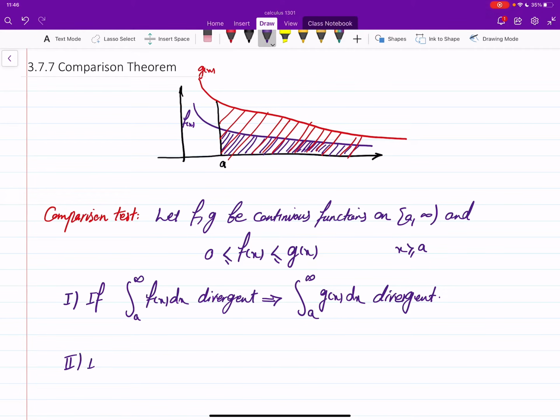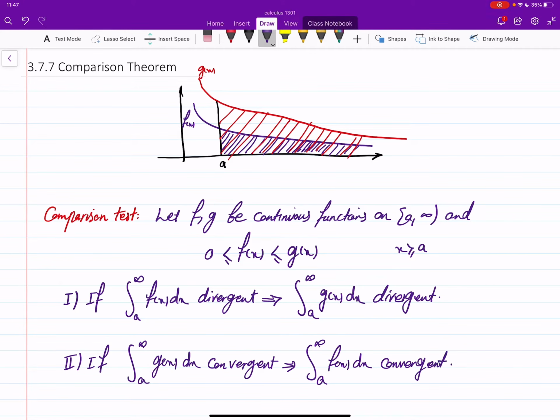Or the equivalent version is that if the bigger one, here g(x), has a convergent integral, then it will force the smaller one to have a convergent integral. So this way, if you find a function which is easier to integrate and it's bigger than the given function, and that bigger function is convergent, you can conclude that the smaller function will be convergent.